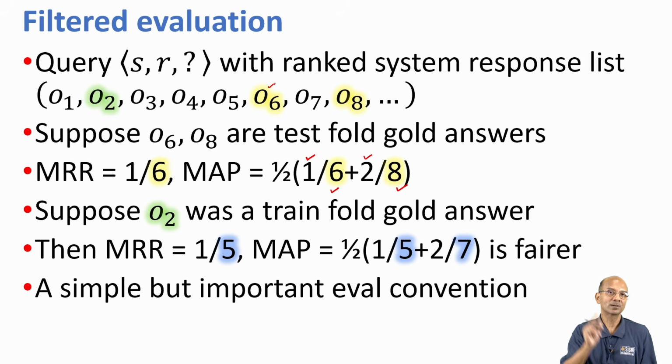So maybe we should knock O2 out of the list and regard the MRR as 1/5 and the MAP as the average of 1/5 and 2/7. This is a simple modification, but it's an important evaluation convention that is not followed sufficiently uniformly across papers. So when you compare the numbers reported in papers, you have to be careful about whether they did a filtered evaluation or an unfiltered evaluation.